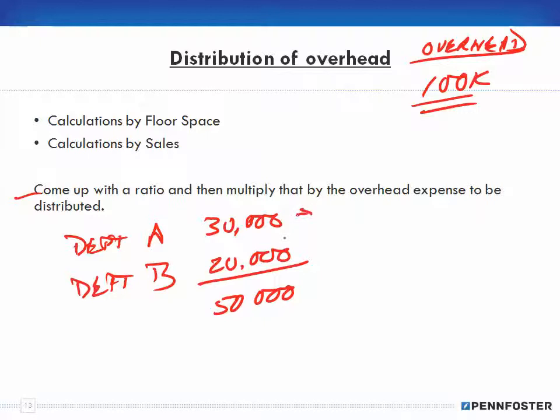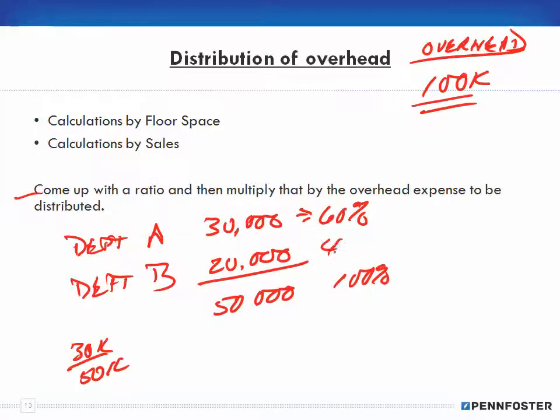And to get the percentage for A, I take 30,000 and divide it by 50,000. So 30 divided by 50, I end up with 60%. Obviously, since 50,000 is 100%, B would have to be 40%.